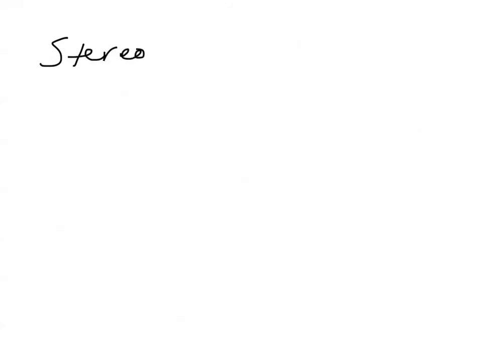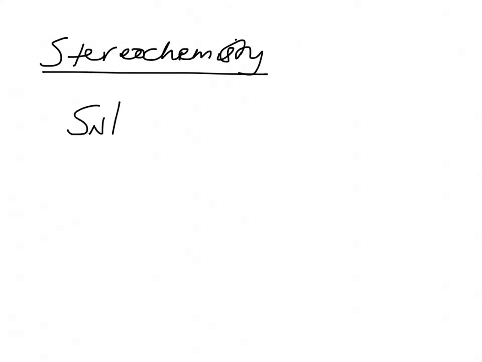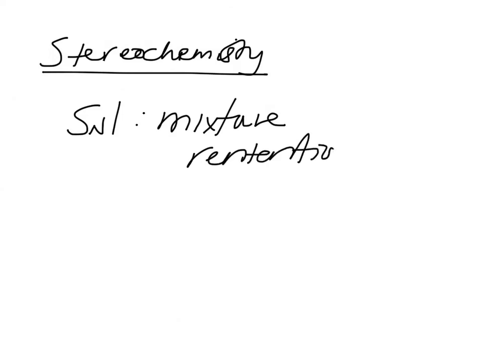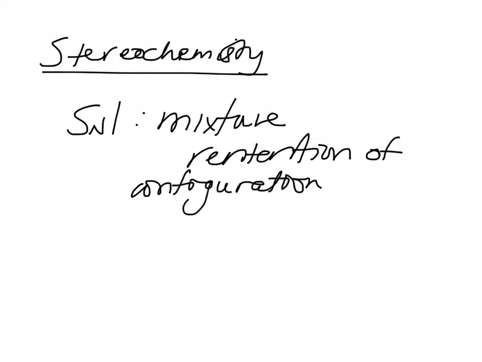Stereochemistry. With SN1, you get a mixture where you have retention of configuration and inversion if the carbon is chiral.